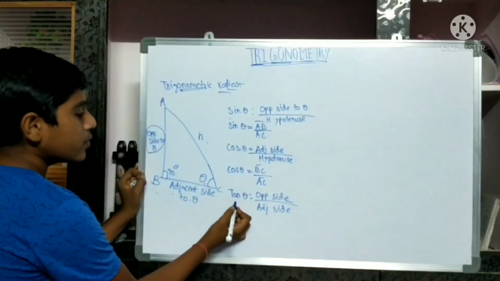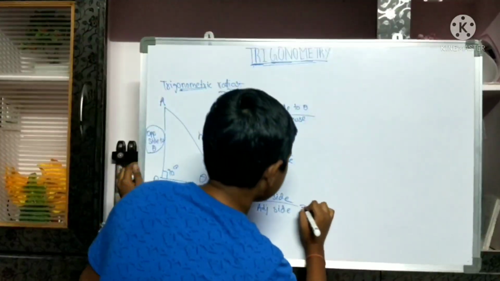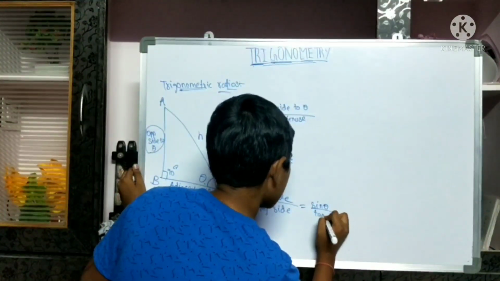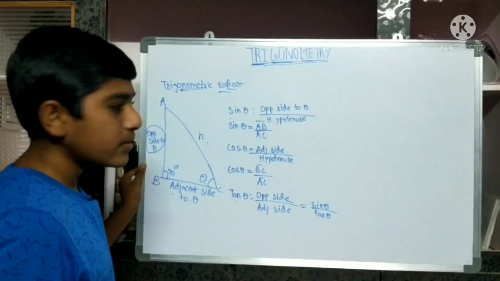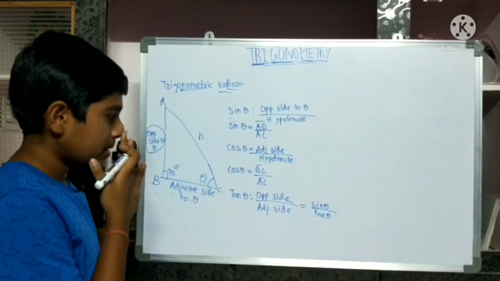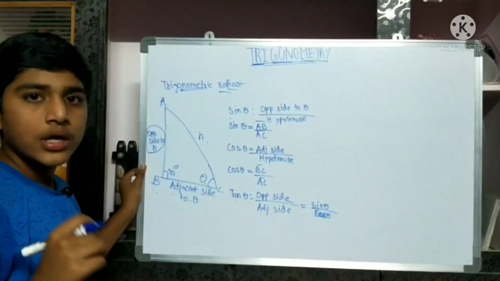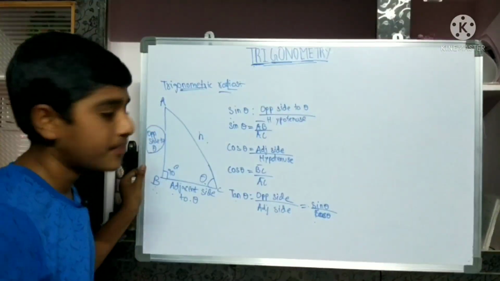The tan theta, we can also write it as sin theta by cos theta. You can get it out why we can write sin theta by cos theta.